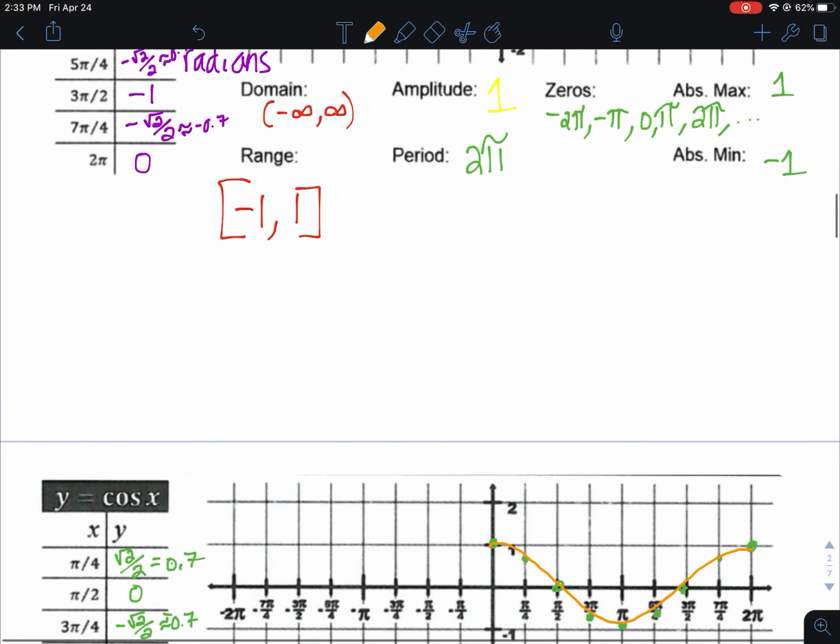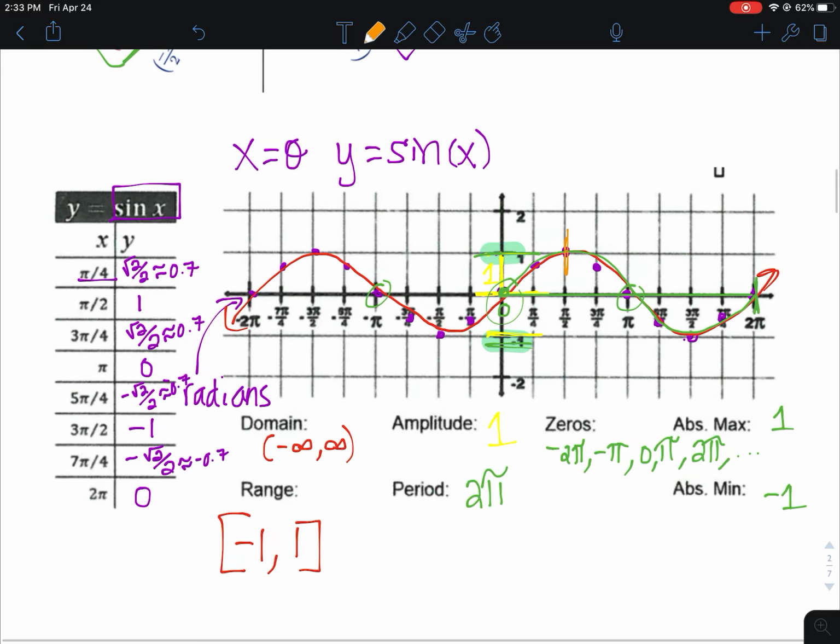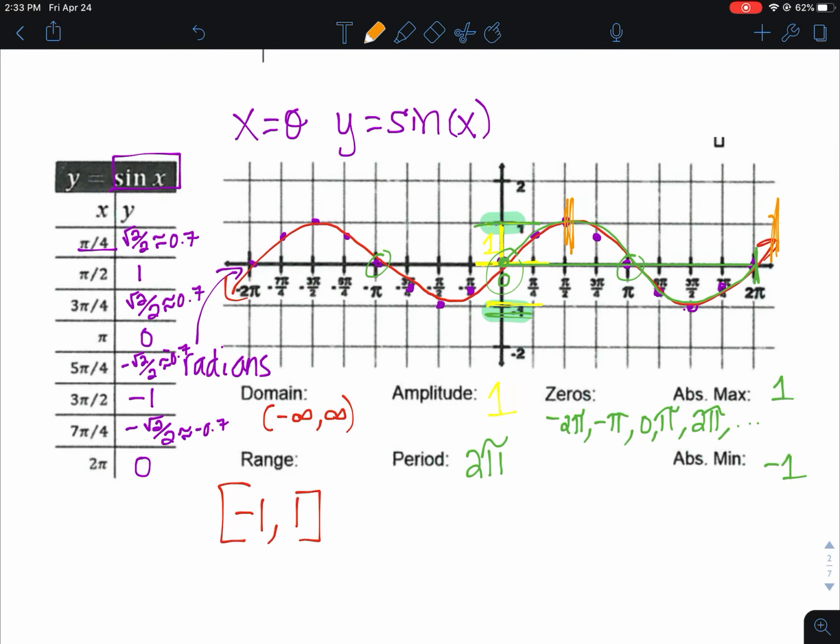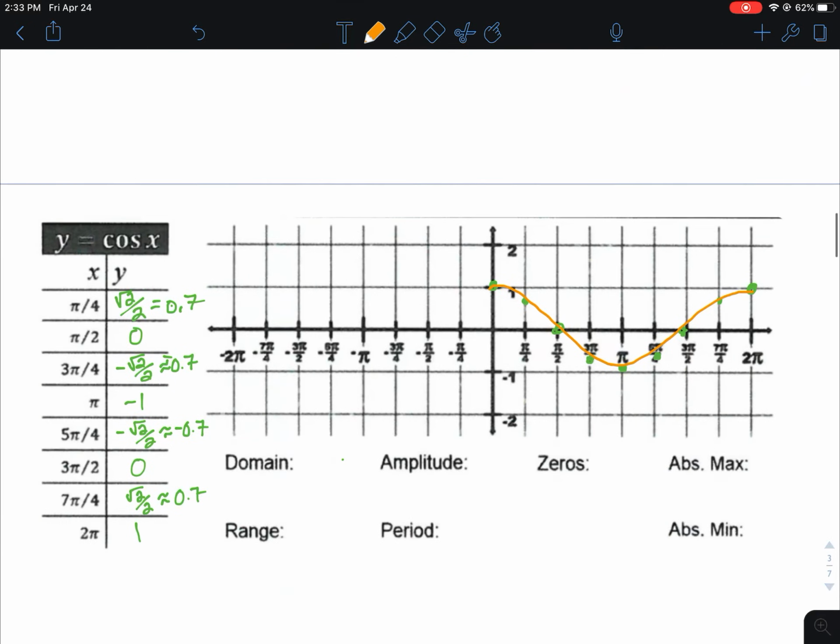So we're seeing from the top of a peak to the end of another peak, whereas with the sine function, it started at (0, 0). The cosine function starts at (0, 1). That's the main difference there. Sine always starts in the middle, cosine starts at the top of your amplitude.